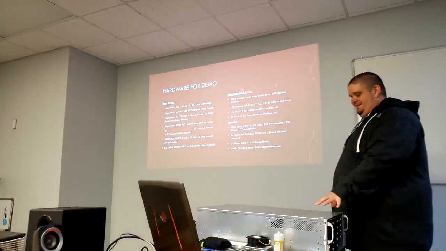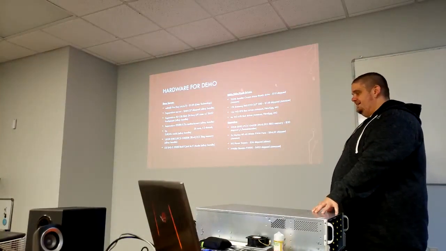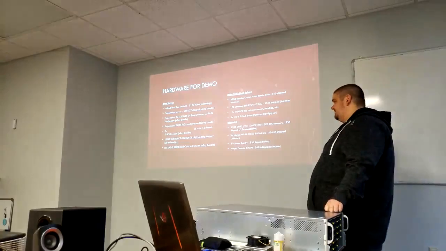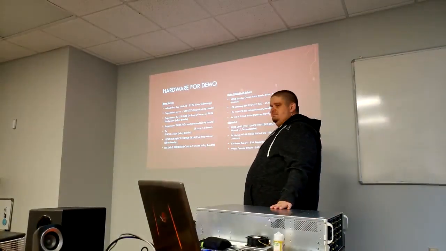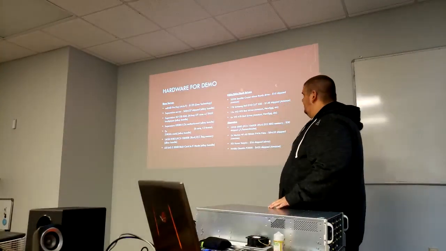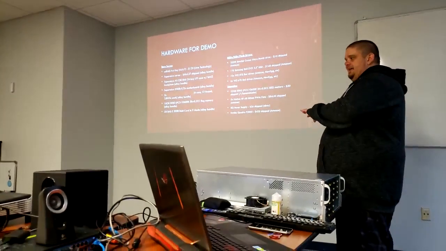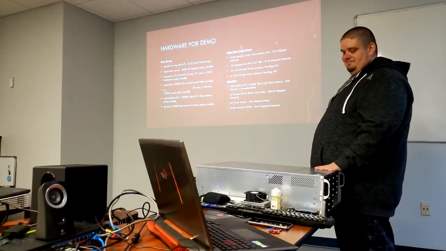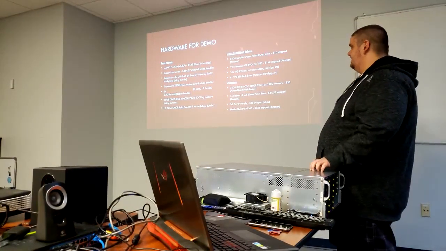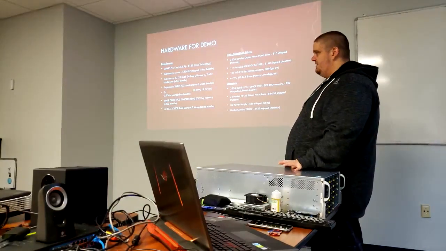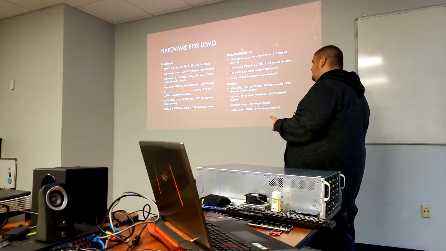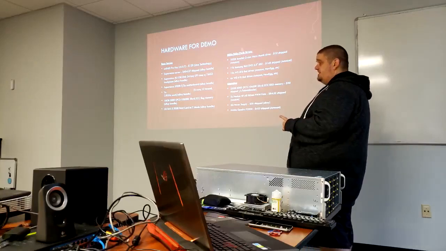So this is actually the second iteration of my unRaid server. I just rebuilt this about 2 months ago. The old one had a hell of a lot more money thrown into it. I was able to acquire this server on eBay for $464.27 shipped.